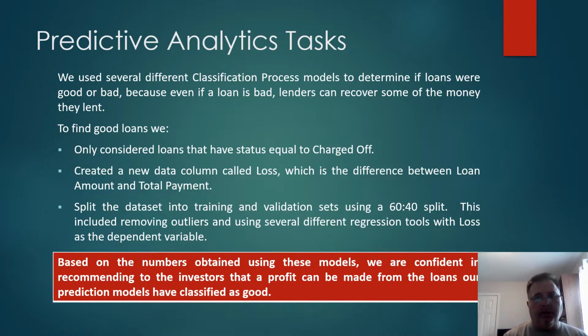Split the data set into training and validation sets using a 60-40 split. This includes removing outliers and using several different regression tools with loss as the dependent variable. Based on the numbers obtained using these models, we are confident in recommending to investors that a profit can be made from loans our prediction models have classified as good.